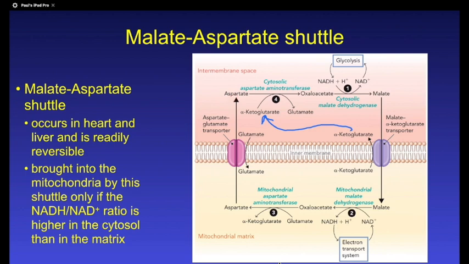All right. The malate, now that's inside the matrix, gets converted into oxaloacetate. That is a citric acid cycle reaction, and I produce an NADH. Now check this out. NADH on the outside, NADH on the inside. Then a reaction occurs, okay, and what happens is aspartate comes out, but glutamate has to come in.